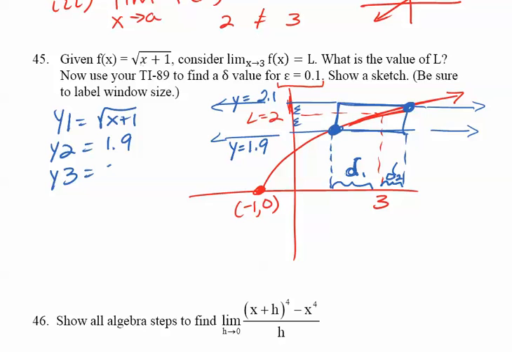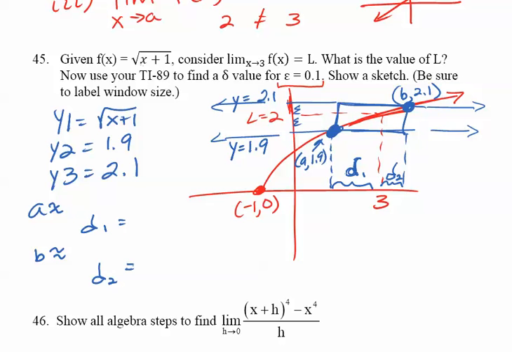You're going to find a window that you can zoom into to find these intersections. I'm going to call this point right here a comma 1.9, and this point right here b comma 2.1. If we can find the values of a and b, then we can subtract from 3 to find our value of delta 1 and our value of delta 2.